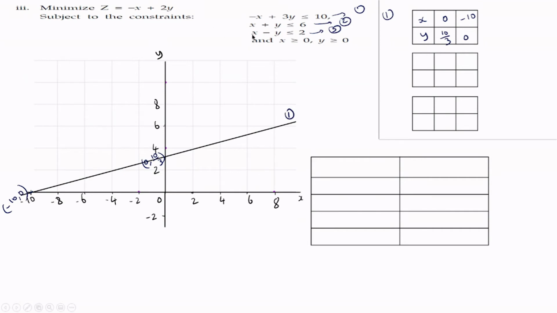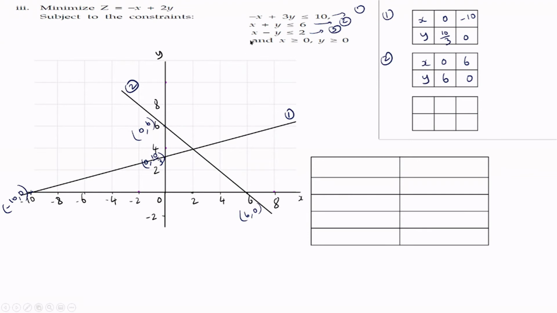And then we have the next line x plus y equal to 6. The second one, when x is 0, y is 6 and when y is 0, x is 6. So this is 0 comma 6 and this is 6 comma 0. If we draw a straight line joining these 2 points, we will get the second line.